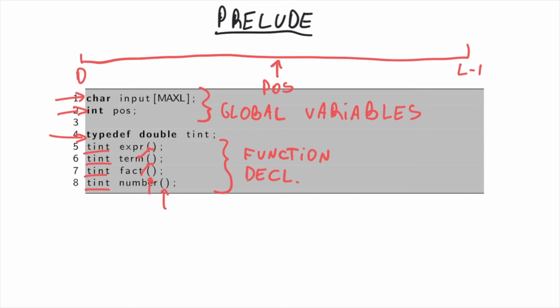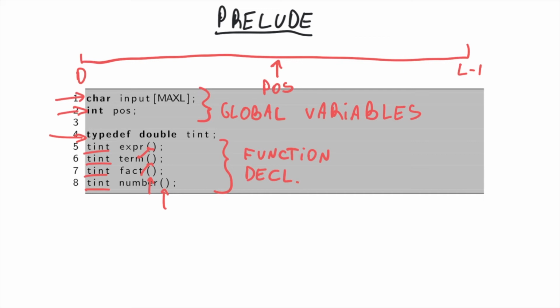Anyway, the main point of this prelude is to see what you're going to later use, and let me point out that declaring the functions is sometimes necessary because the recursive structure of the grammar means that each function can depend on other things in a circular way, such that the function depends on itself, and then the compiler needs to know what these functions return, or at least the signature of these functions, at least in C++. So in any case, it's usually good practice to declare the functions before you define them, so that you know, okay, I'm going to have a function for reading expressions, 1 for reading terms, 1 for factors, and 1 for numbers.